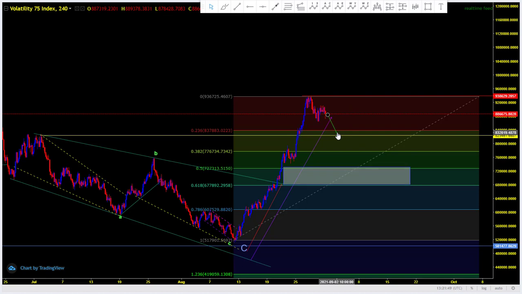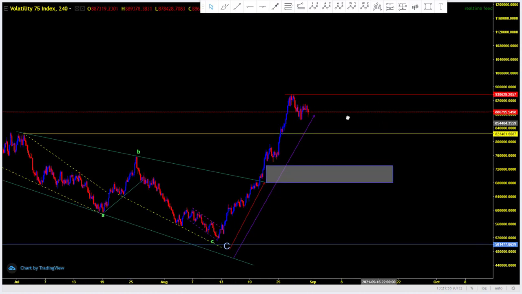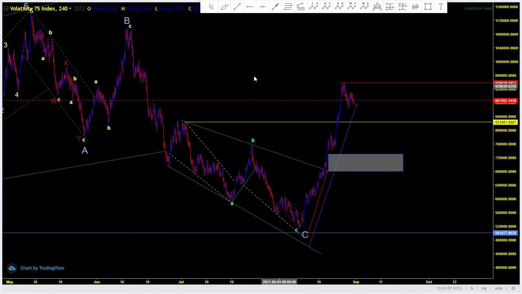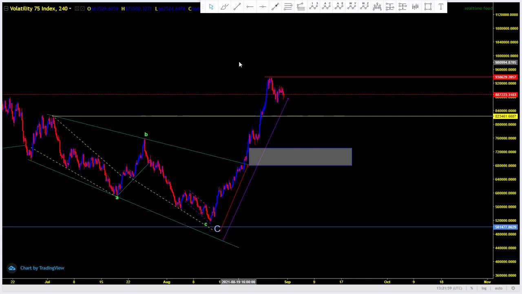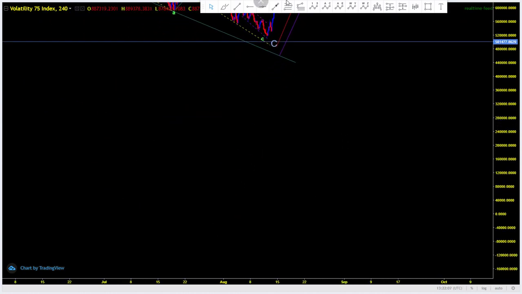You also need to study the movement of V75, ladies and gentlemen. Just go and do your back testing. You are going to see that when V75 is moving, in most cases, when it gives you an impulse like this, let me go to a clear section.